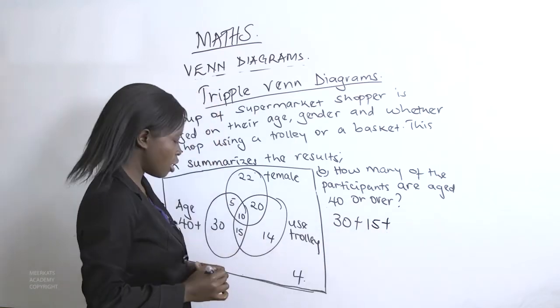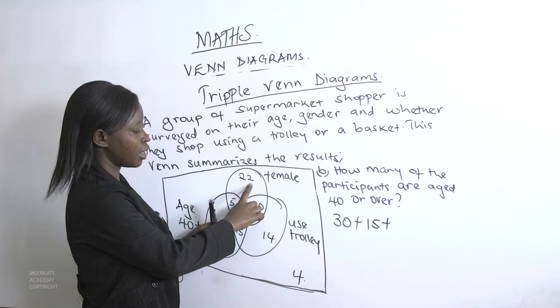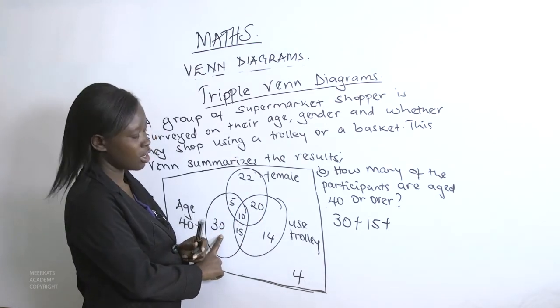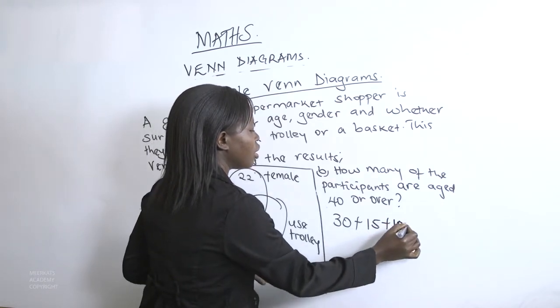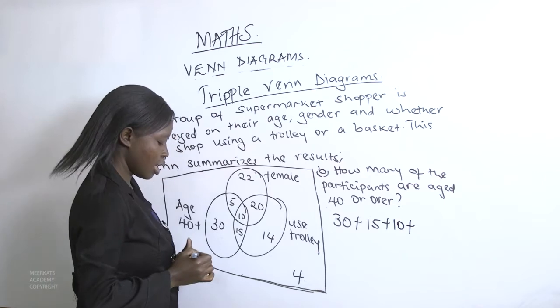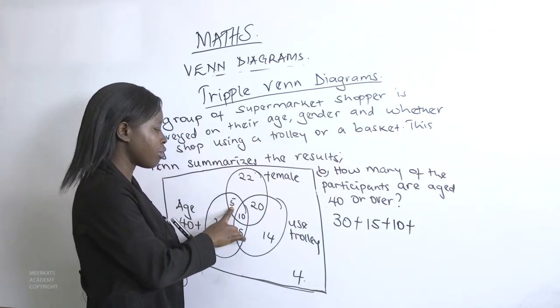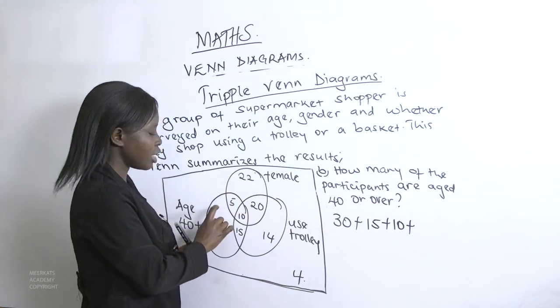In addition, we have 10 who are female and at the same time they use trolley, but they are also 40 years and above. So it means I add 10. And in addition, we have 5 females who are 40 years and above.